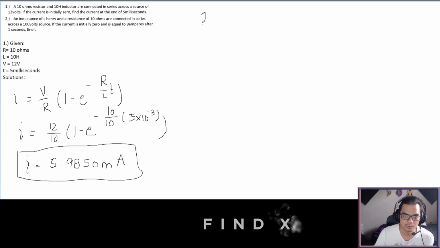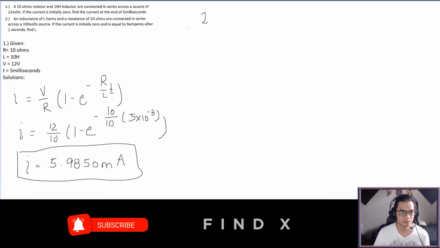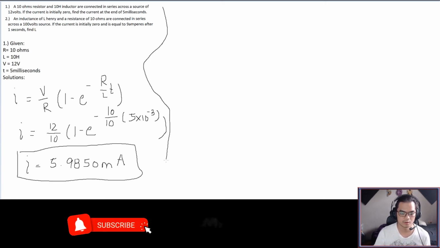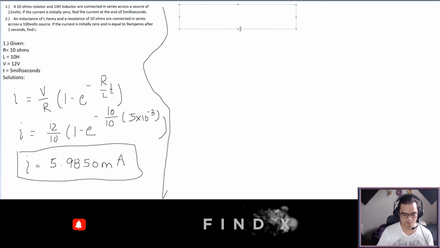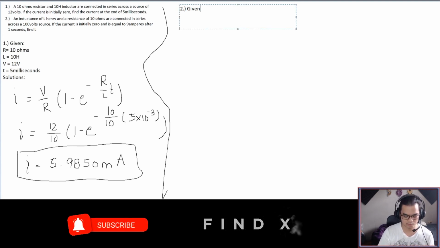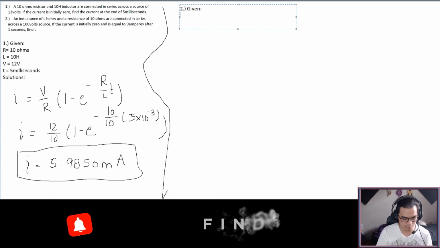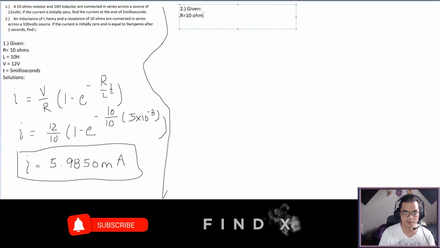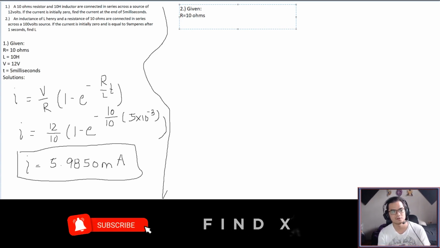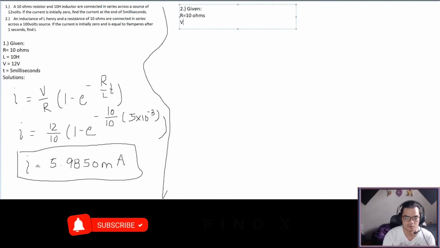So let's go to number 2. For the given, we have an inductance L, so we don't know the value of L, and a resistance of 10 ohms, so we have R equal to 10 ohms again, in series across a 100 volts source.